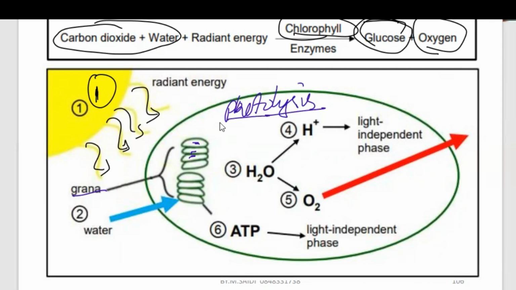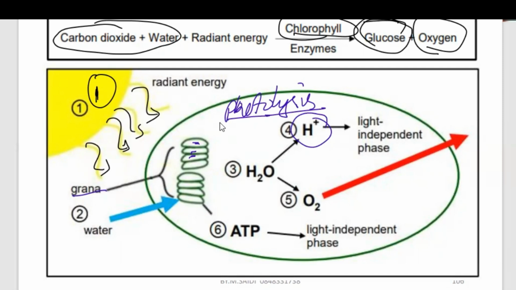You are splitting using light. So this light is going to help carry out photolysis. Photolysis occurs when water is split. There is a chemical way we can present it, but generally this is what is happening.